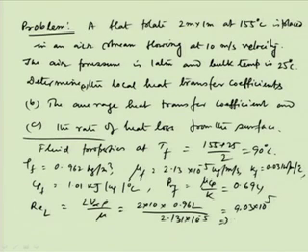From here you can say that V infinity rho by mu is equal to 4.515 into 10 to the power 5.